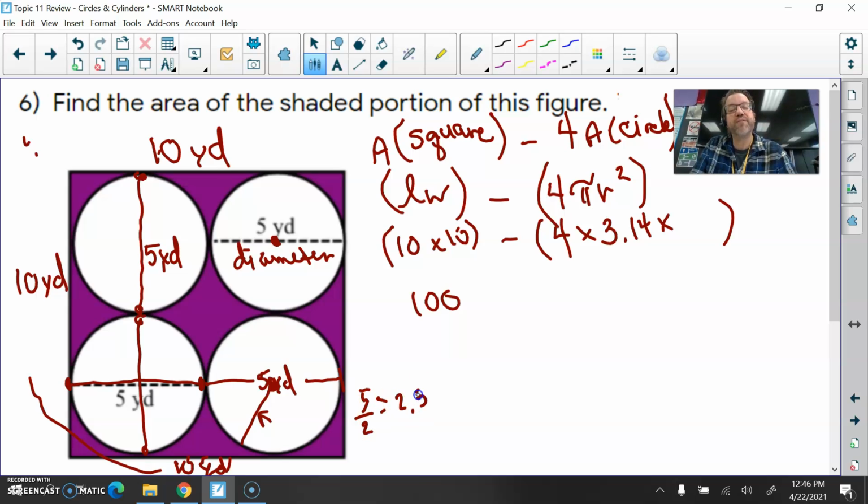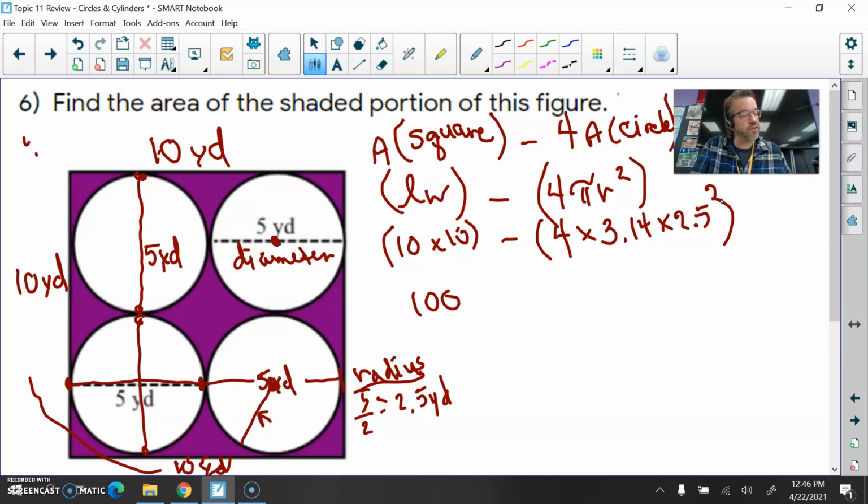Which is 2.5 yards. So the radius is 2.5 yards. So it's 4 times pi, 3.14, times the radius, 2.5 squared. Okay, so let's do the math on that.